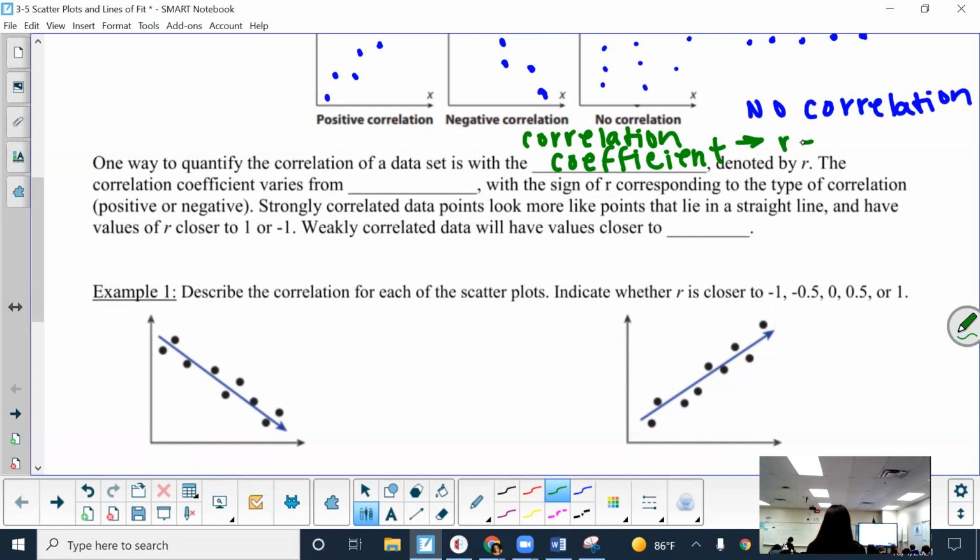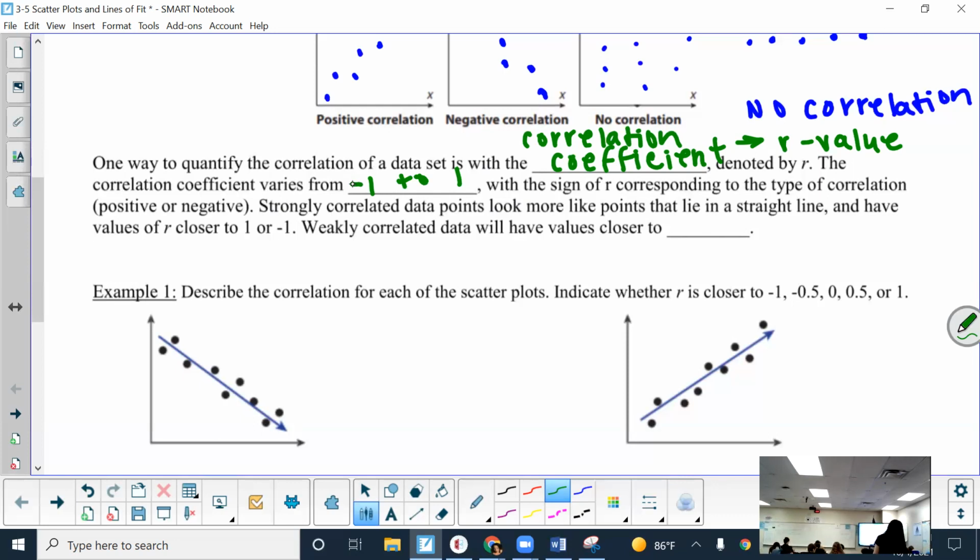So make that note there. All right, I know your test calls it an R value. I know your exit ticket calls it a correlation coefficient, so just be comfortable with both. And that's a value that varies from -1 to 1, so that's what goes here. -1 to 1, with the sign of R corresponding to the type of correlation, positive or negative.